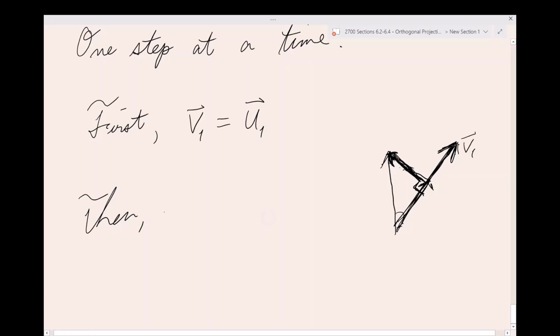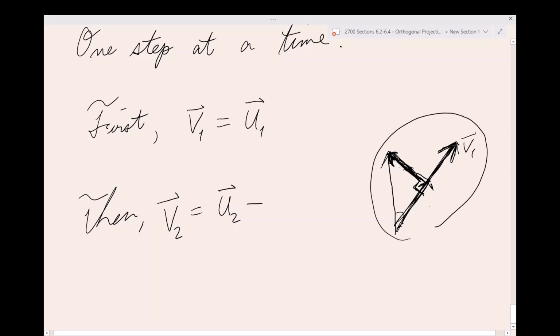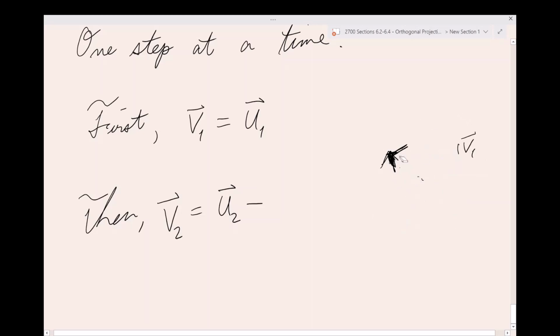So what am I saying here? I'm saying let our new second vector be the old second vector minus, how did we get this orthogonal component here? We subtracted the projection, right? So what do? We subtract its projection onto my first guy.